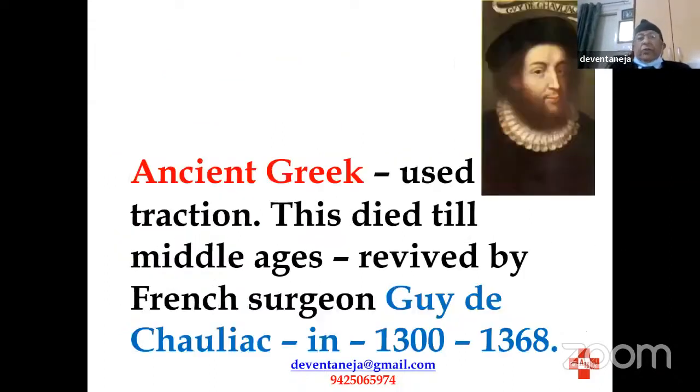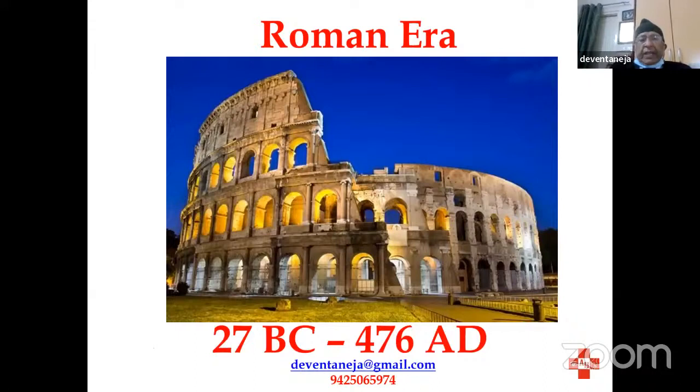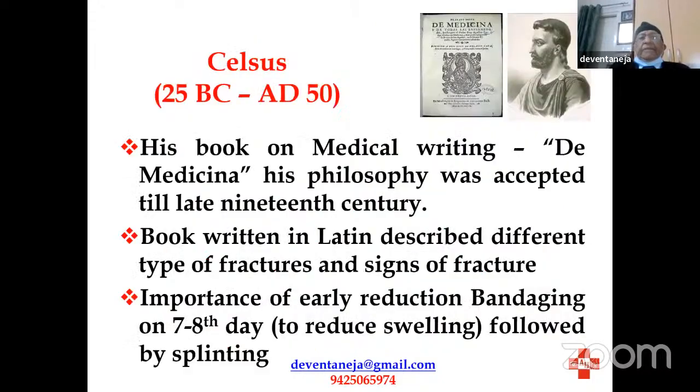The ancient Greeks used traction, and this method died out till the Middle Ages, but was revived by a French surgeon called Guy de Chauliac in 1300 to 1368, who again talked about the use of traction in treatment of fractures. The Roman era, which was from 27 BC to 476 AD, Celsus was a very famous physician at that time.